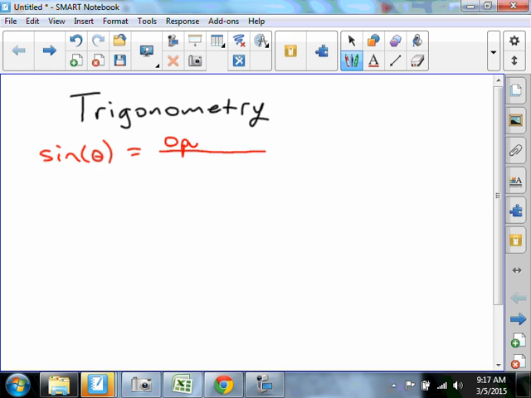So the sine is the opposite over the hypotenuse. And if we continue this, then we would say that the cosine of theta is the adjacent.